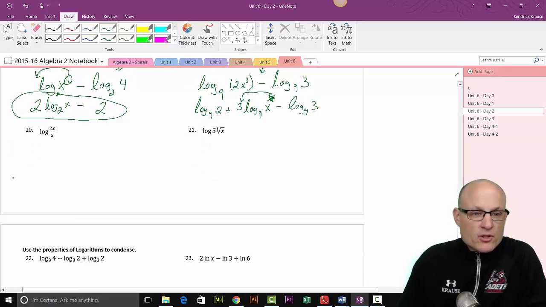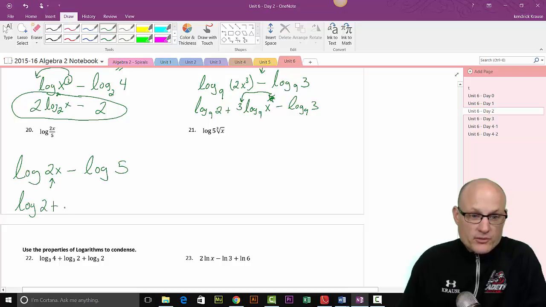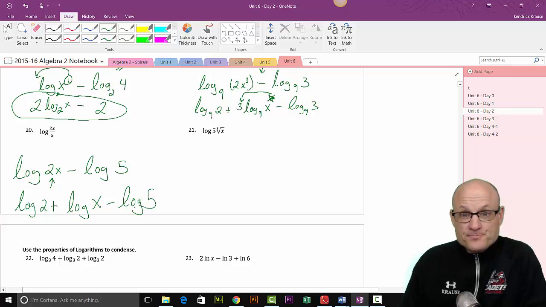All right, so notice this one doesn't have a base, it's just base 10. So log of 2x minus log of 5. But this can be split up. So this is log of 2 plus log of x minus log of 5.